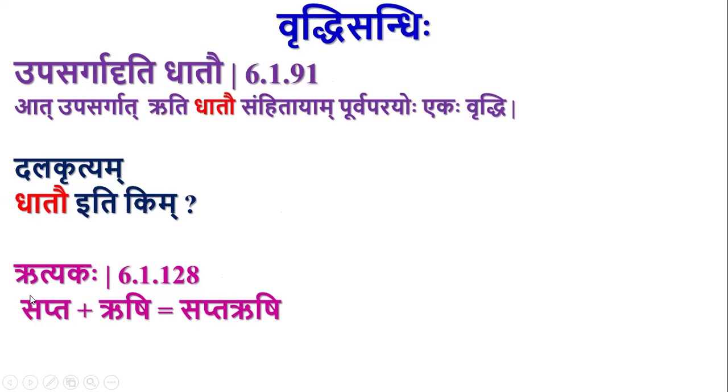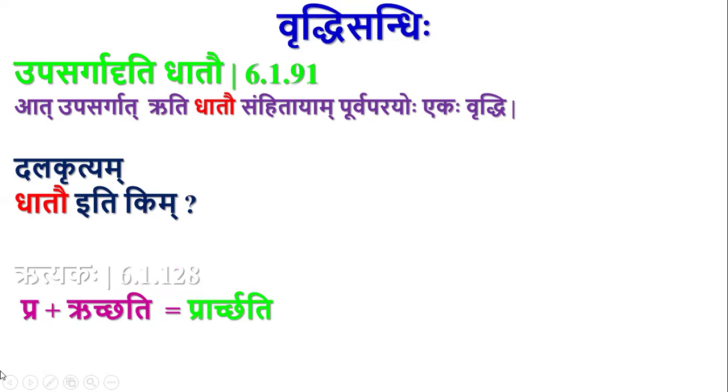To block rutyakaha, this word dhatu is used in this sutra. So pra plus ruchati, in this case by upasarga ruti dhatau there will be ruddhi adesha, prarchati, and rutyakaha is blocked by the presence of the word dhatau in the sutra.